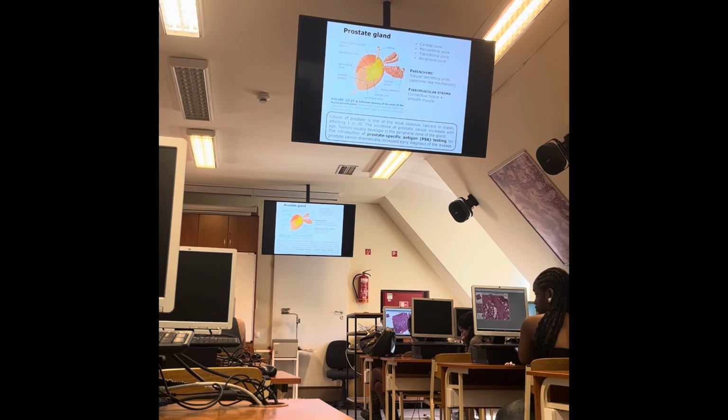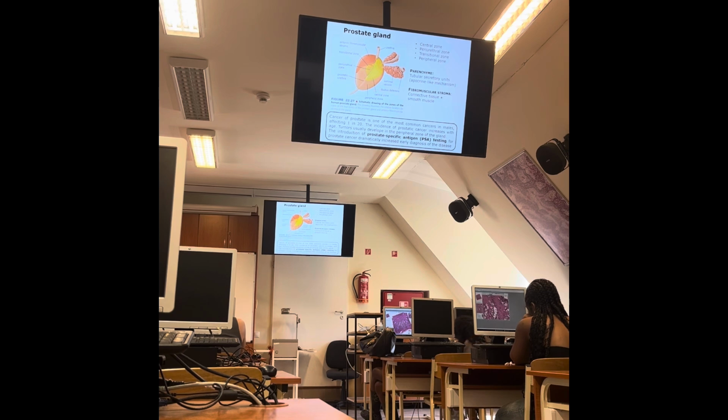I also put here that cancers of the prostate are among the most common cancers in males, and one of the products of the prostate is used as a clinical sign. Its elevated level is a clinical sign of possible cancerous alterations in the prostate.